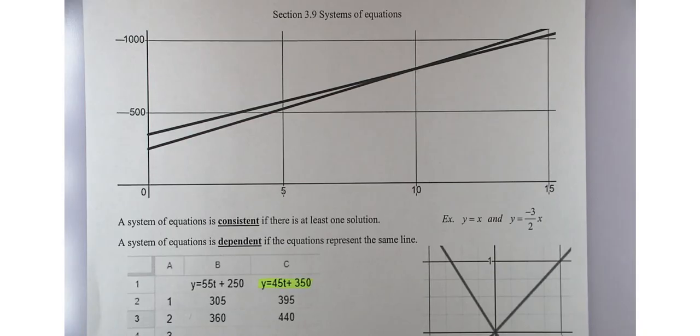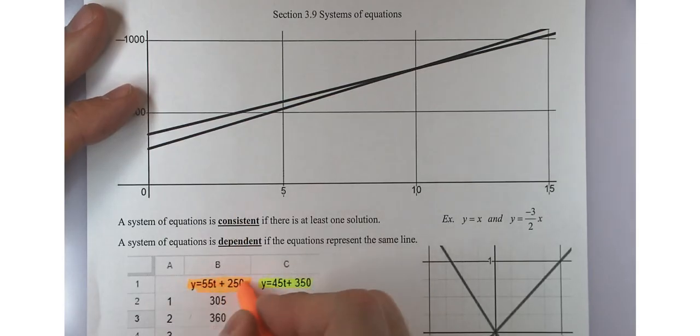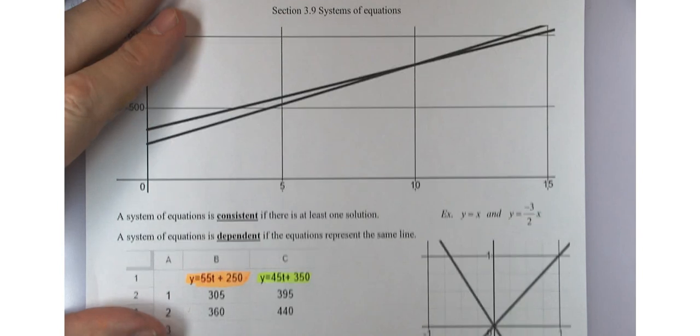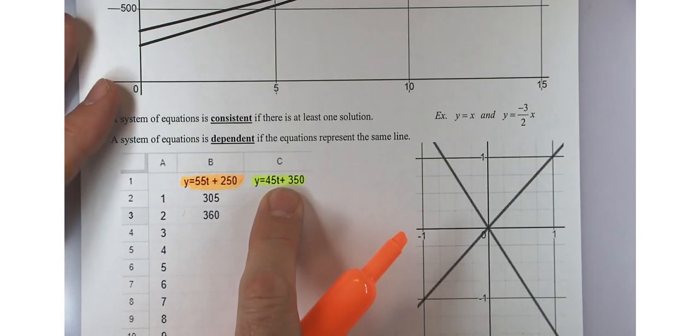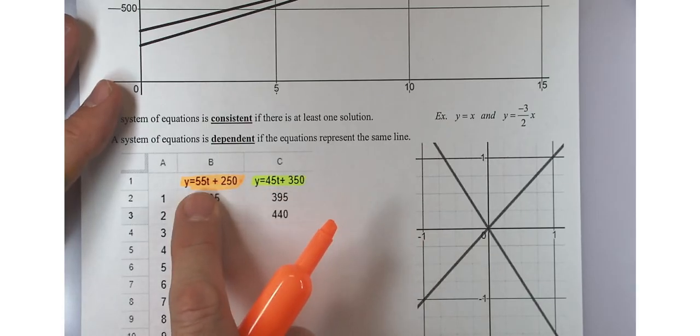Or you could spend $55 a month, and it only costs $250 to sign up. So, interesting. Which program would you buy into? Do you want to spend the more money up front and have a lower payment overall, or are you going to spend less money and have a higher payment?